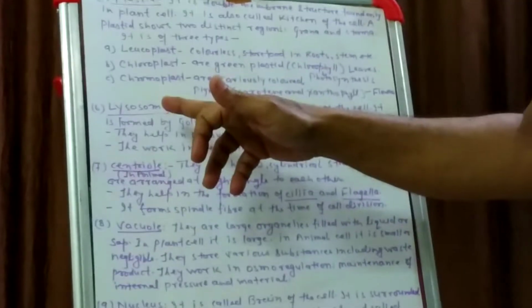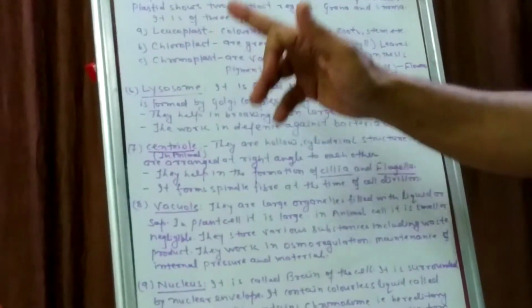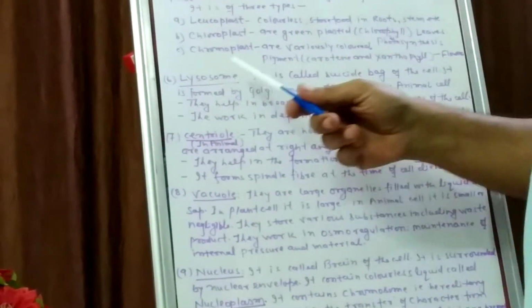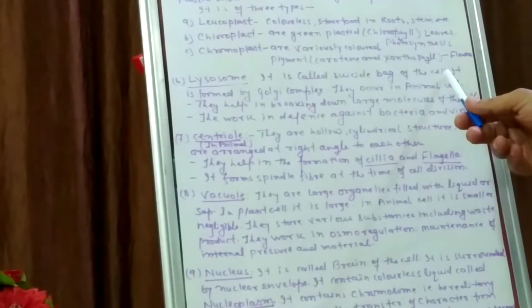So this lysosome is very essential in the animal cell because it removes dead bodies, dead particles, dead cells from the body. It is called the suicide bag of the cells.